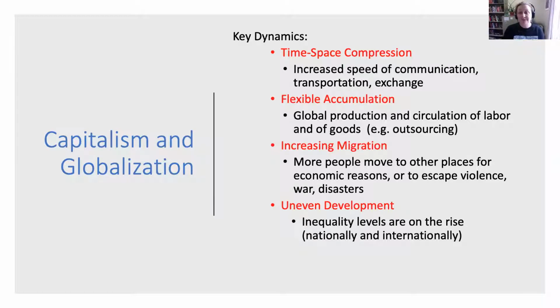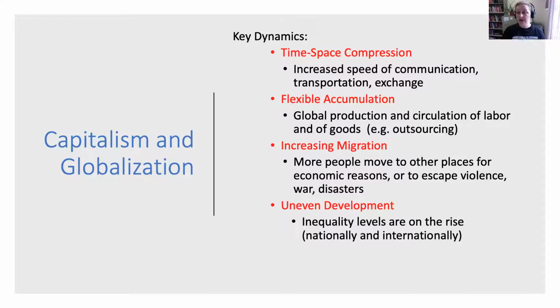So the internet plays an important role in this increased speed of communication, in this time-space compression. Again, you have to compare it back to when communication across distances took place through mail or telephone, right? So other ways of communicating that were either slower or had less access.